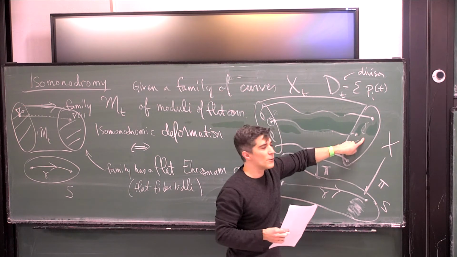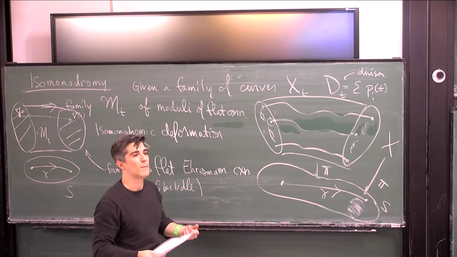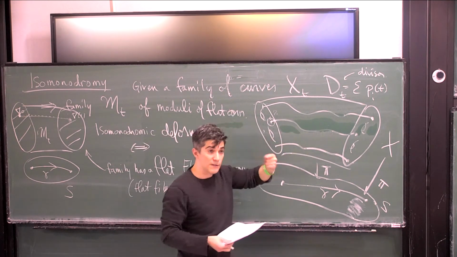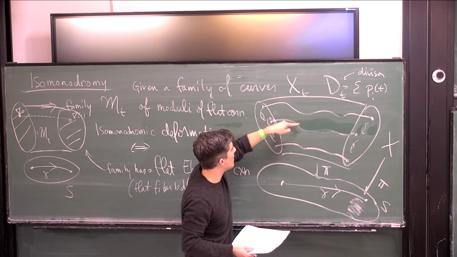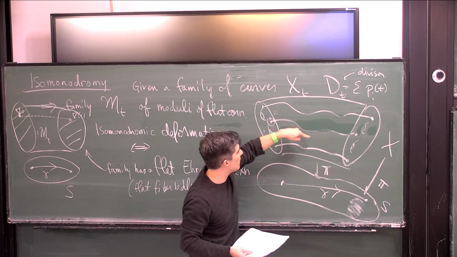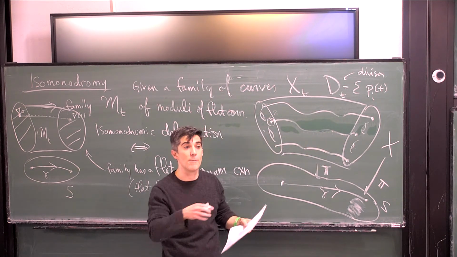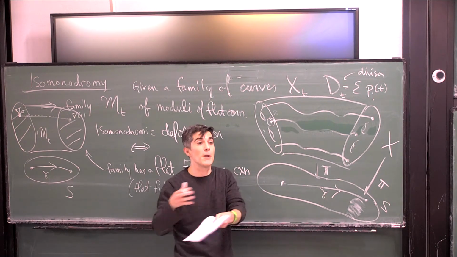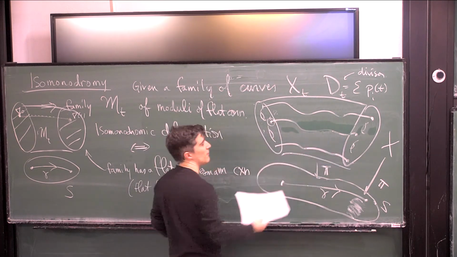So they said, well, how can we describe in a concrete way how this connection should vary? And the way they said it is, we should vary the connection so that at every time the monodromy around this divisor point is the same, so that the monodromy remains constant. That's iso-monodromy.